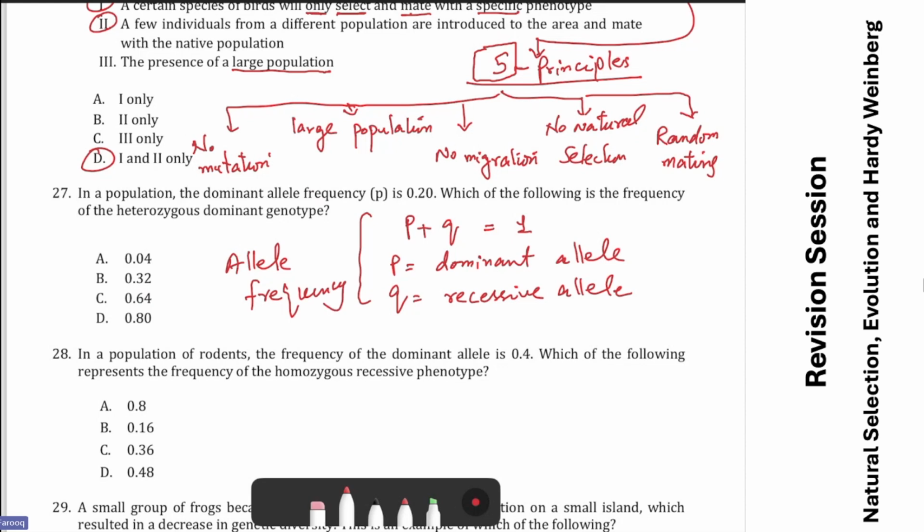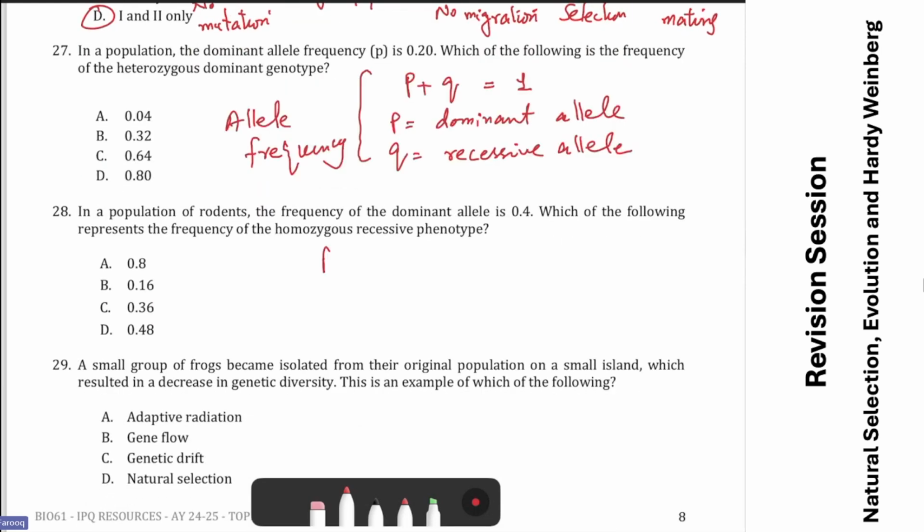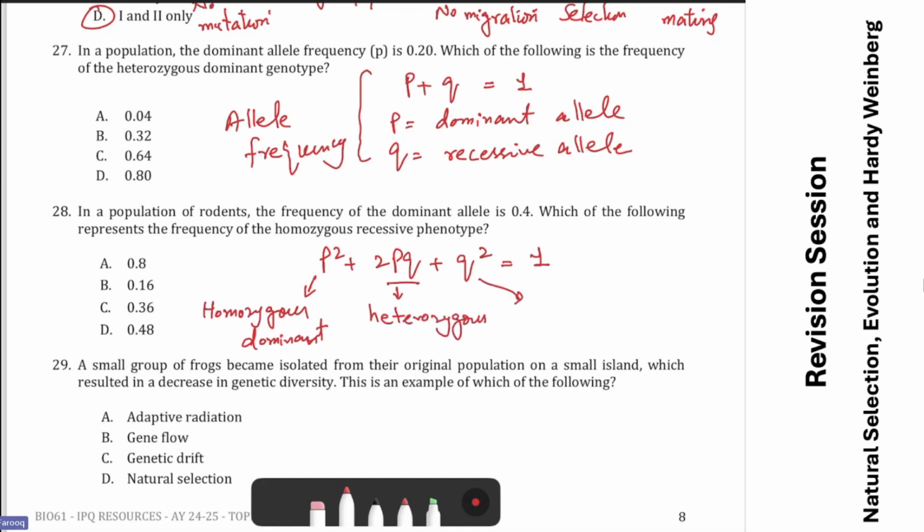And there is another equation called P square plus 2PQ plus Q square is equal to 1, where P square is homozygous dominant, 2PQ is heterozygous, and Q square is homozygous recessive.